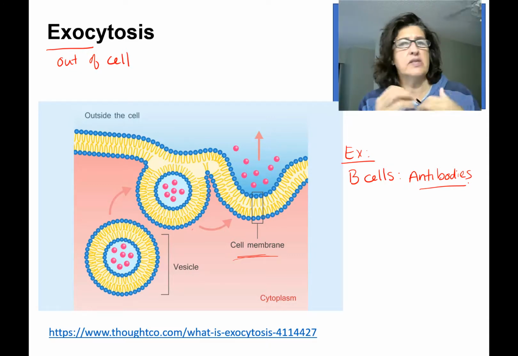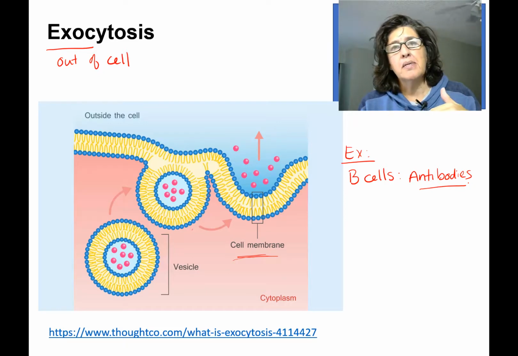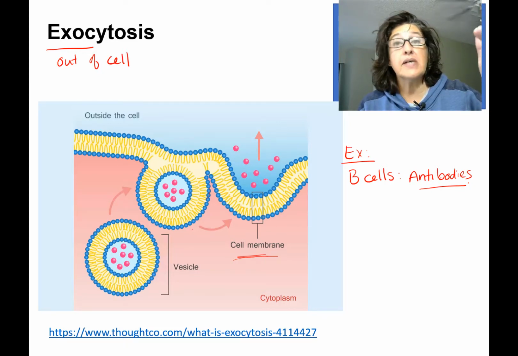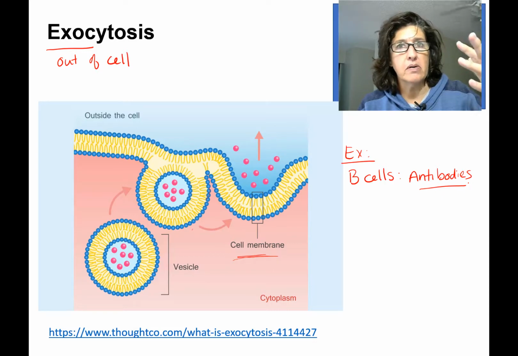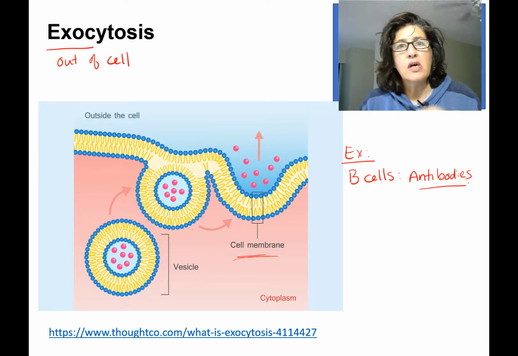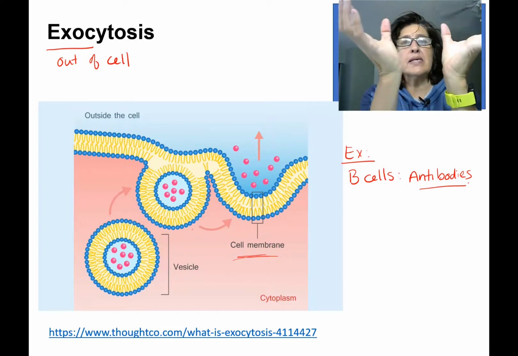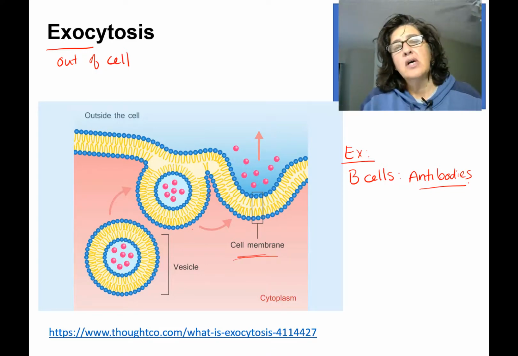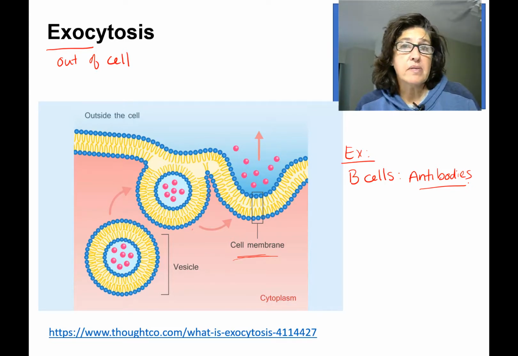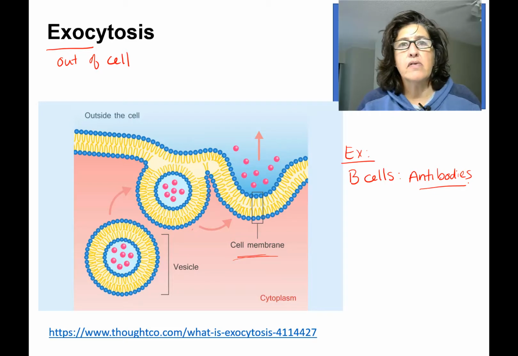And they're these big proteins that there's no way they could be easily transported across the plasma membrane with just a carrier molecule or a channel. So they make these big molecules and they bring them up in a vesicle and they release the antibodies outside the cell. So then it goes into your blood and lymph system and looks for bacteria, viruses, other foreign substances to tag and destroy.